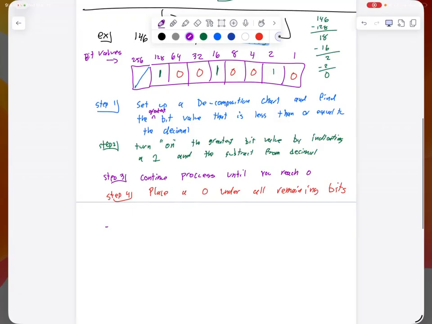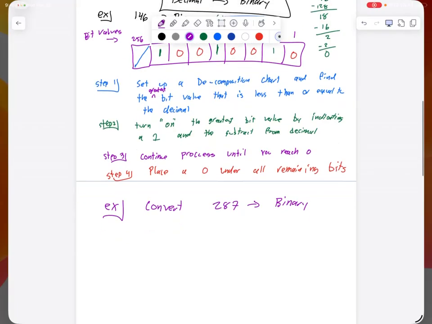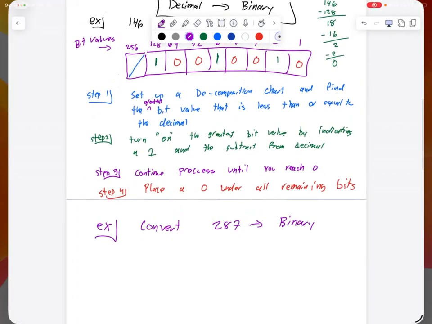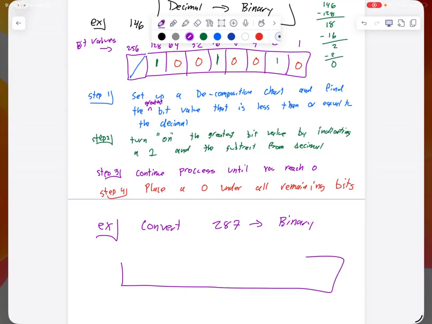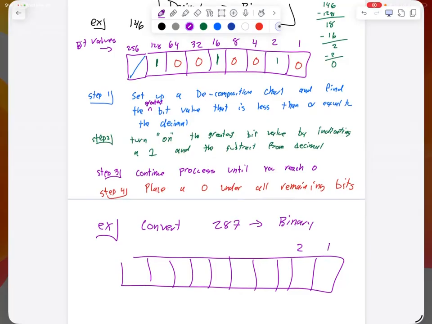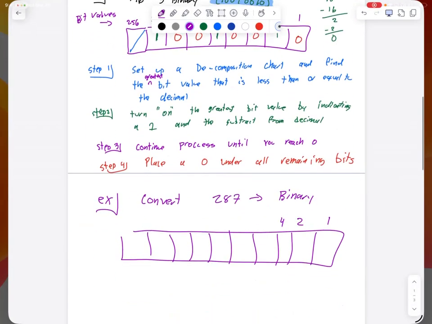Okay? So next example, we want to convert 287 into binary. So I'm going to make my table. I've got 1, 2, 4, 8, 16, 32, 64, 128.